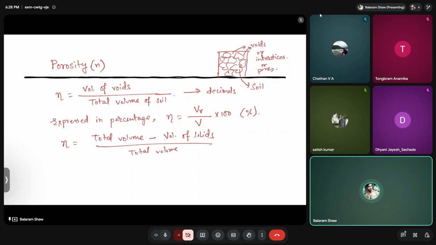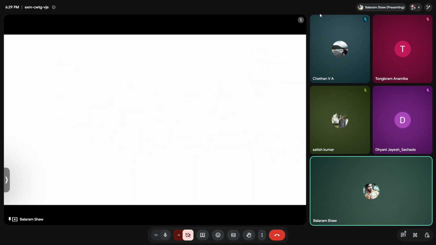So total volume V will consist of volume of voids plus volume of solids, right? Do you agree with this? Volume of voids can again have both volume of water and volume of air. For now we are just saying the total volume will consist of volume of voids and volume of solids. If this is correct, then we can write volume of voids as total volume minus volume of solids. So you can write this as 1 minus volume of solids over total volume, or maybe I'll write it in simple form.